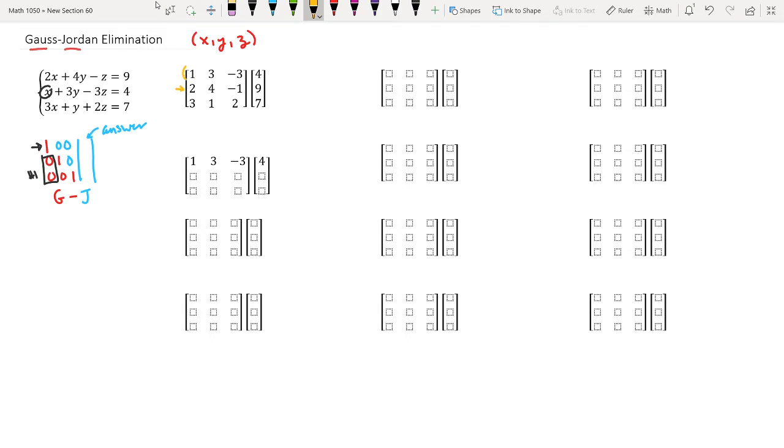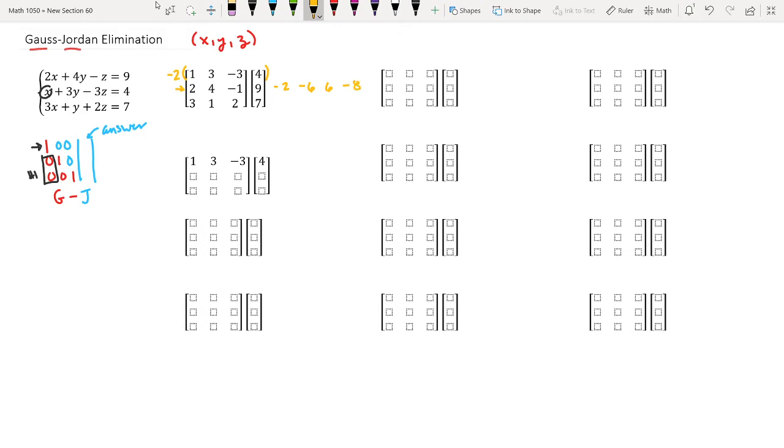So I'm going to multiply my top row by -2, and I'm going to put this off to the side here. So I'm going to get a -2, a -6, just distributing that through. -2 times a -3 is +6, and a -8.